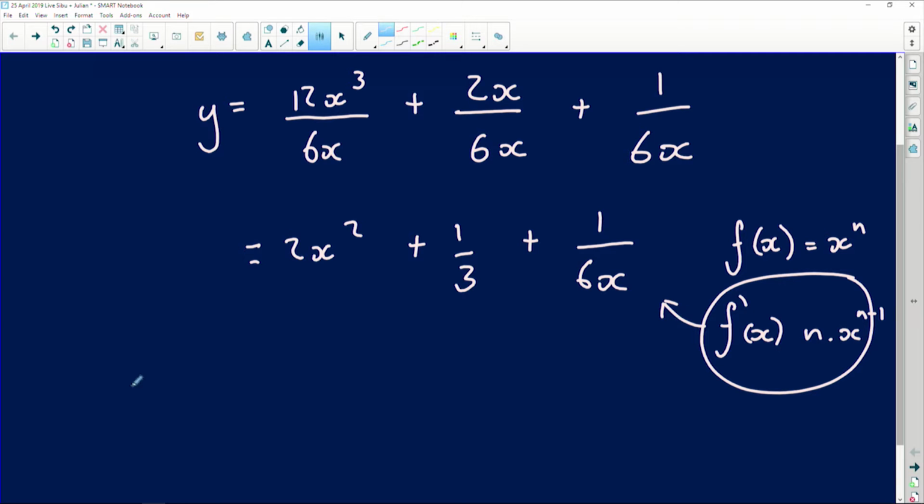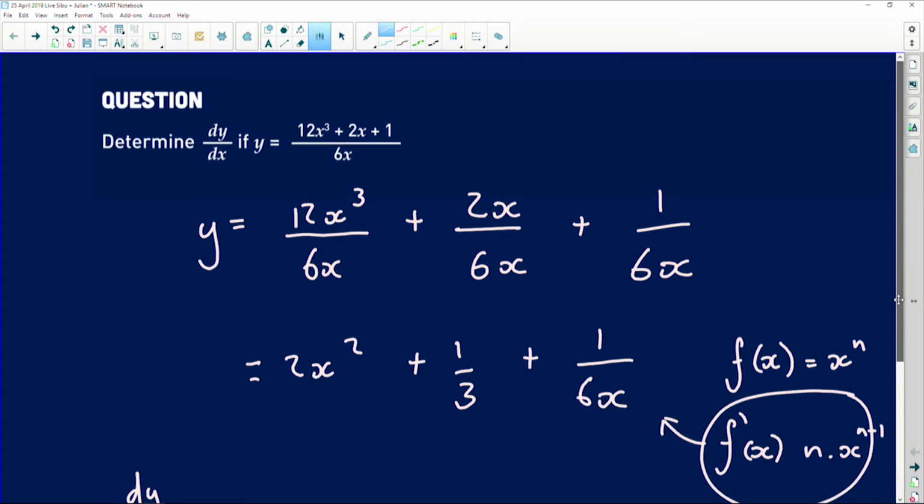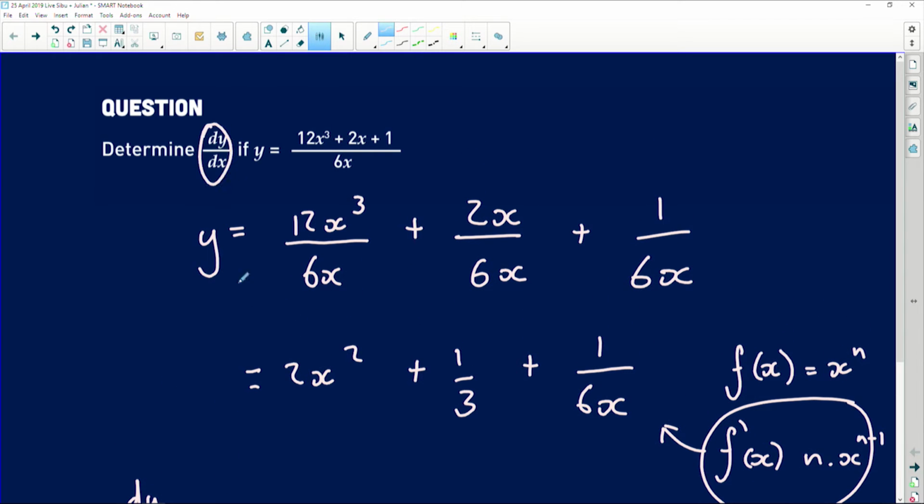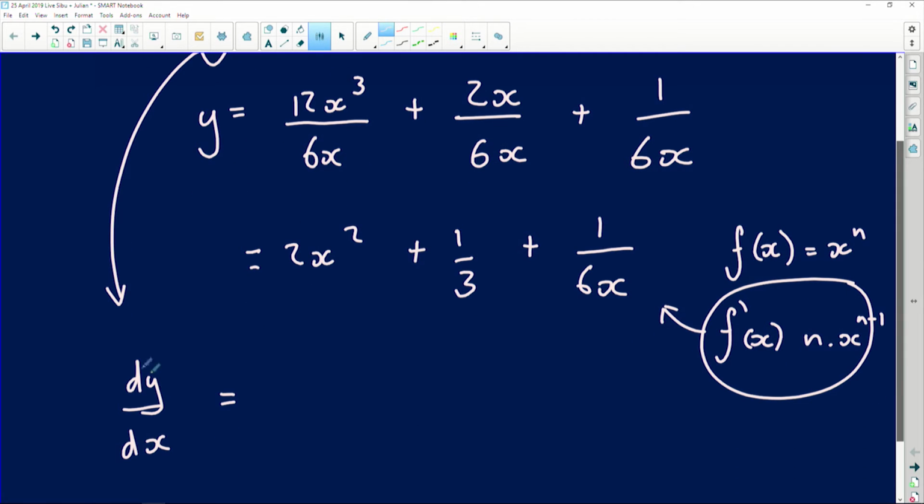So we have dy by dx, and it's really important to pay attention to your notation. If they ask for dy by dx, we keep the notation they've asked for. The first term is 4x, since 2 minus 1 is just 1. The derivative of our constant is 0, and then we have this one over here.